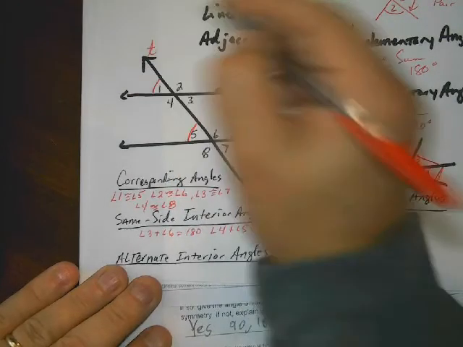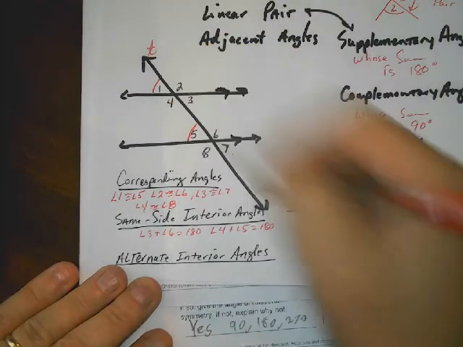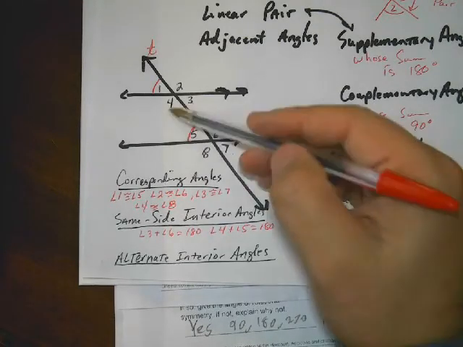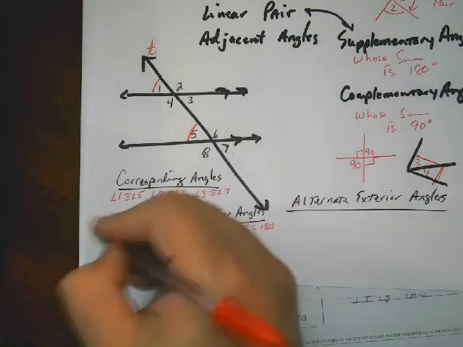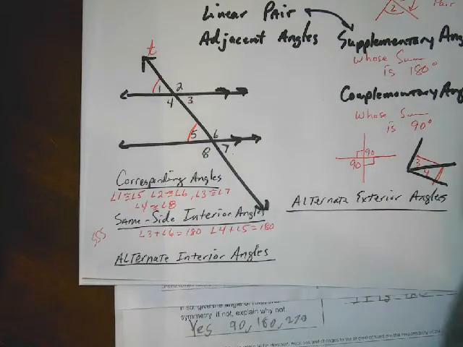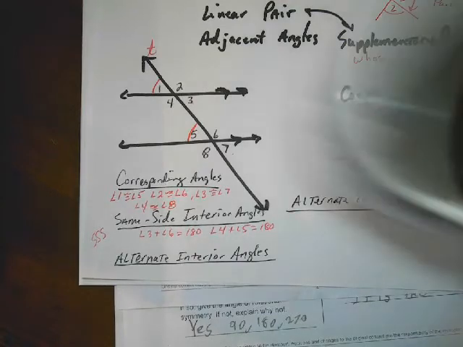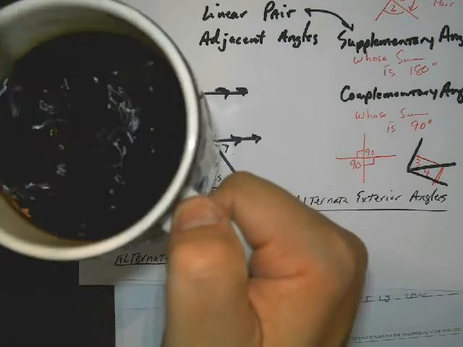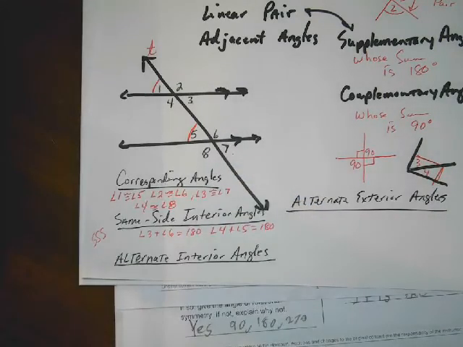Sometimes we label it T, called it transversal. And same side or supplementary. Remember the alliteration. SSS, same side supplementary. Okay. So far we've covered two types of angles. We've covered corresponding angles. We've covered same side interior angles.